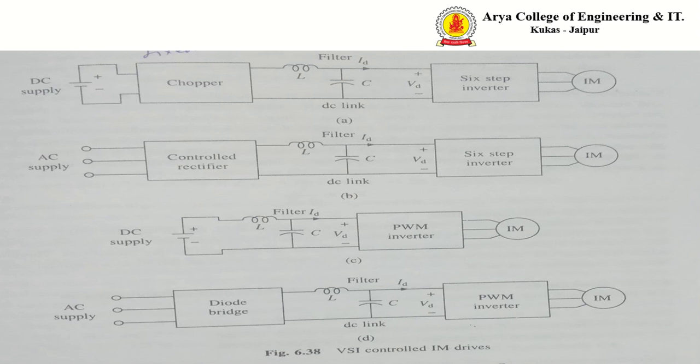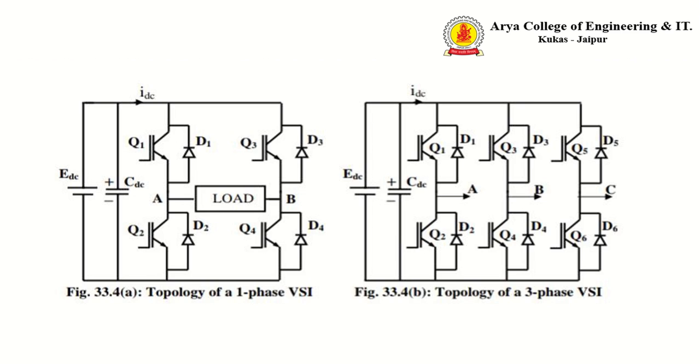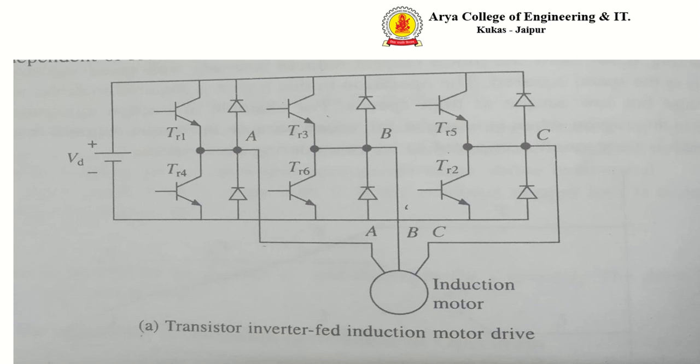The DC link filter, as shown, has an inductor and capacitor, and the filtered signal is provided to the inverter. The inverter's work is also DC to AC, and this AC signal is provided to the induction motor, and the induction motor speed is controlled as required.